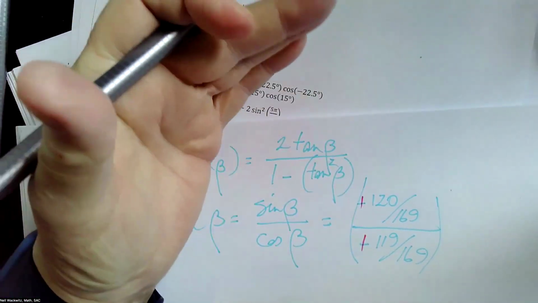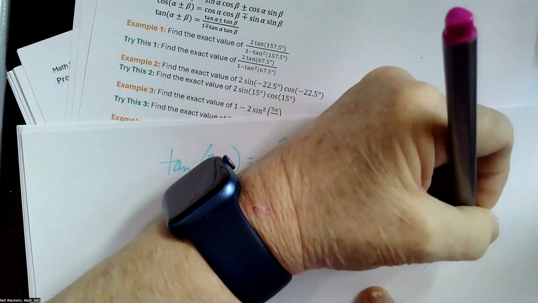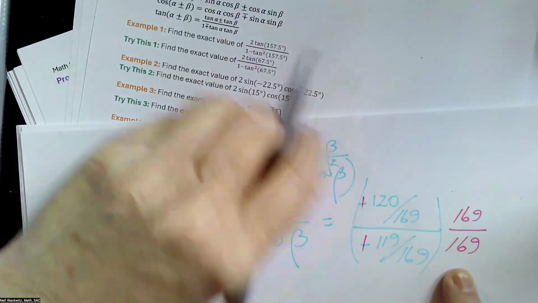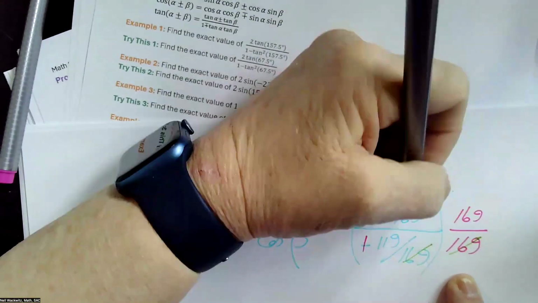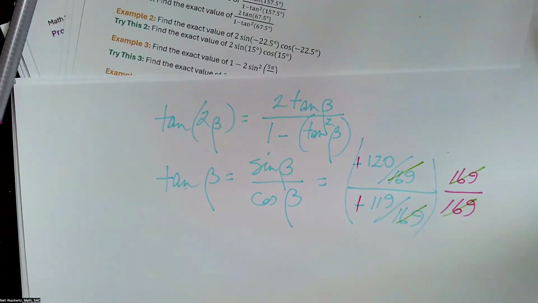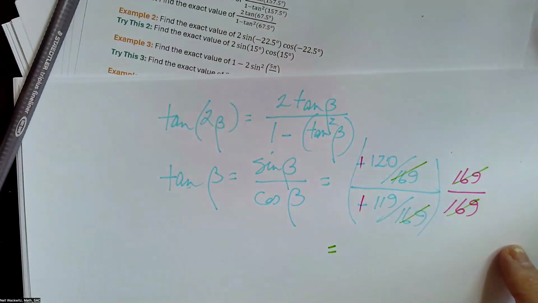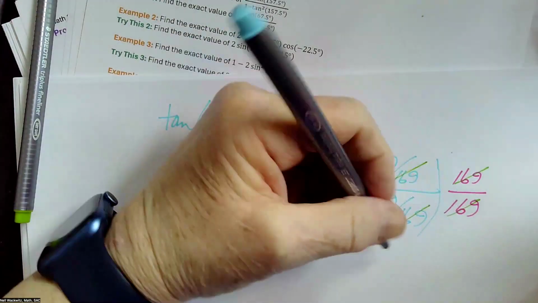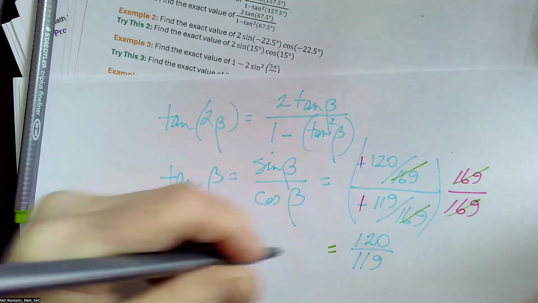Negative divided by negative is positive. And we can multiply by 169 over 169 to divide out the denominators of the complex fraction, and we're left with 120 over 119.